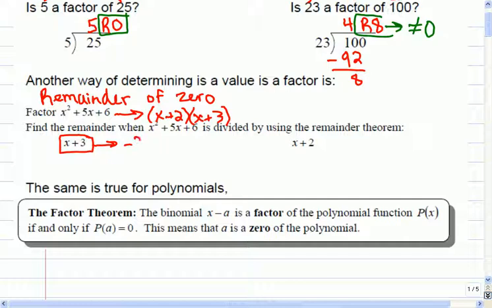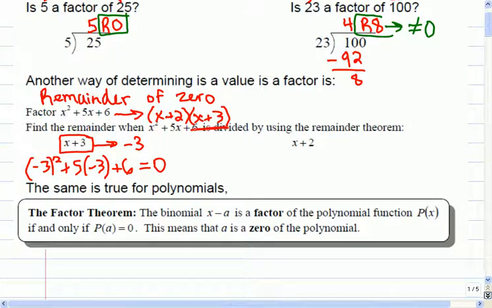Yeah, so -3 is going to be the value. So if I put it in, -3 squared plus 5 times -3 plus 6, so that's 9 minus 15 plus 6, which is 0. So it actually has remainder 0, and we know that it's one of the factors.